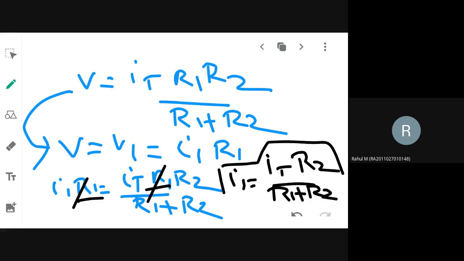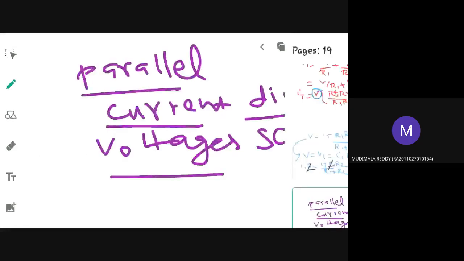Now generally this is called the current division rule for everybody. Suppose I am writing it in a general way: I want the current flowing through a particular resistance.